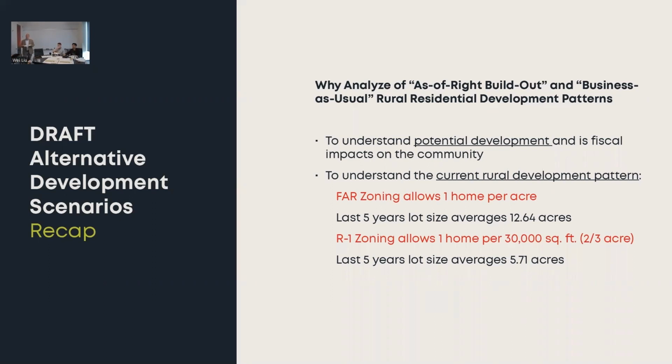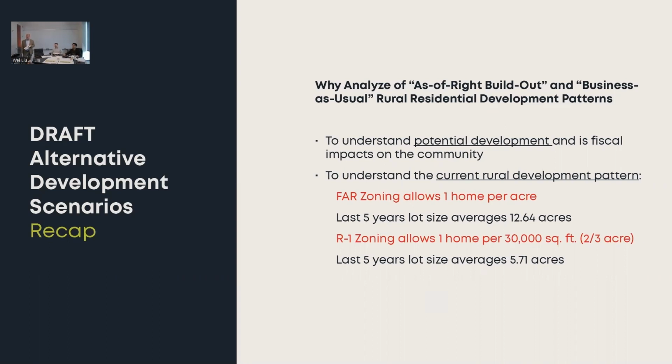Right. So there's your 2 major rural zoning districts, the forest agricultural residential, which does allow 1 home per acre, but actually over the last 5 years is developing more like 1 home per 12.64 acres. Some of that could be because of farmlets. It also could be because of the lack of sewer infrastructure.